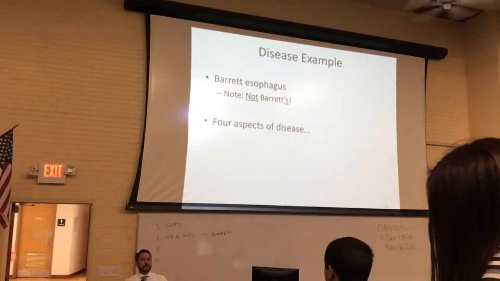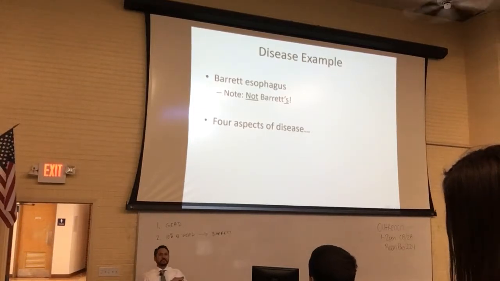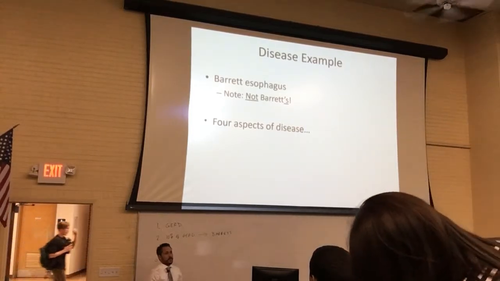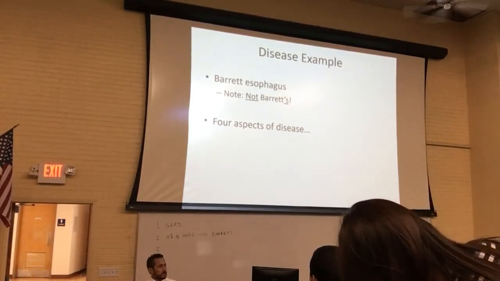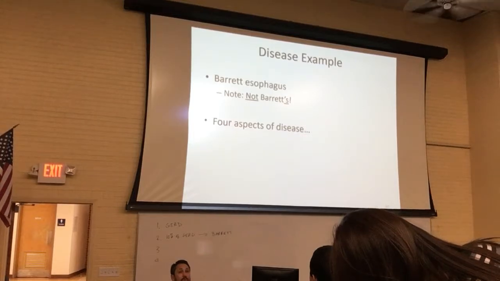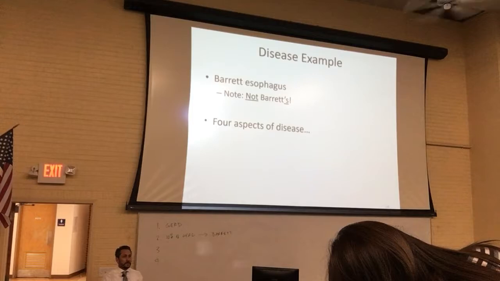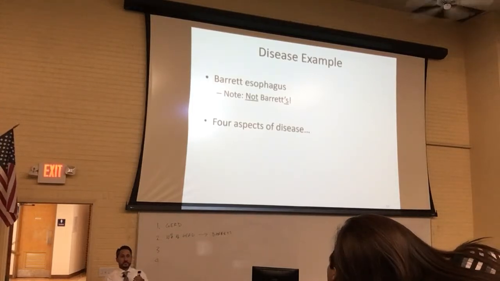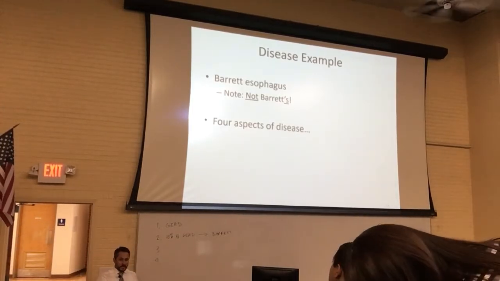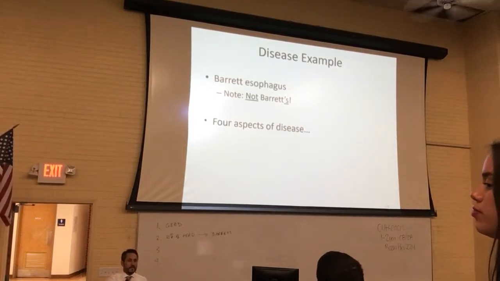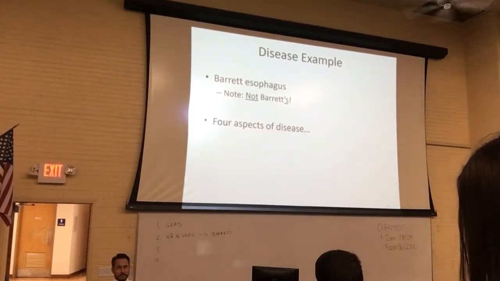It's usually a problem with the lower esophageal sphincter. If you remember back to the digestion section of 202, there's an upper and a lower esophageal sphincter, and that lower esophageal sphincter is what closes off and keeps the stomach contents within the stomach.